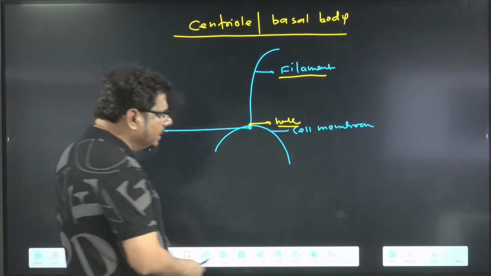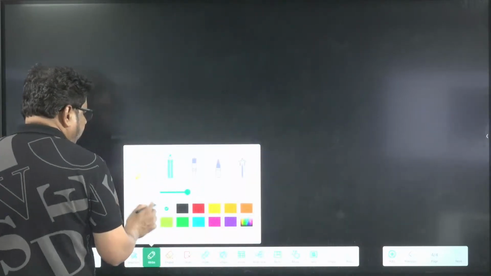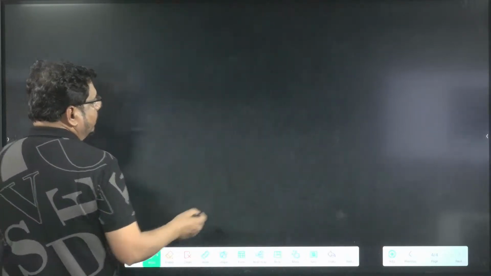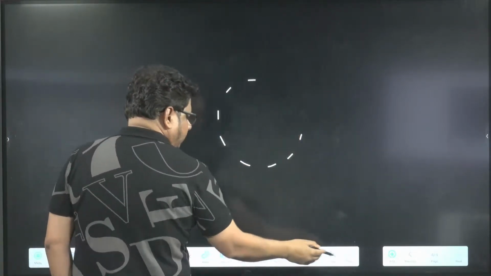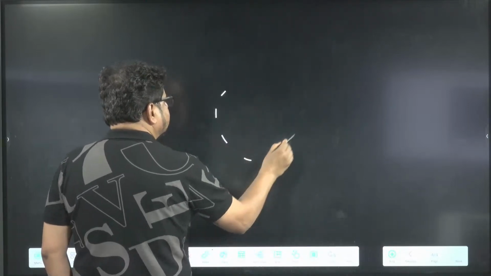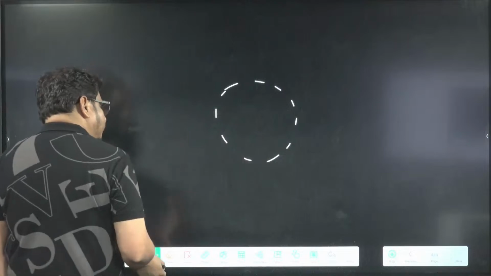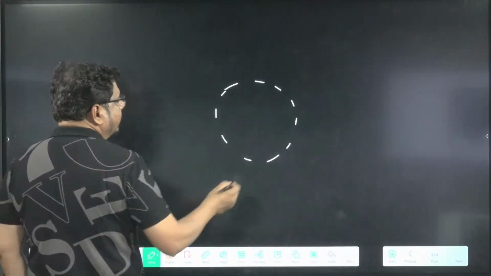So now I am going to tell you about the ultrastructure of the centriole and basal body. So let me draw the diagram. Once again, we are going for a rough sketch diagram. Suppose that now I am going to make 9 peripheral triplets.